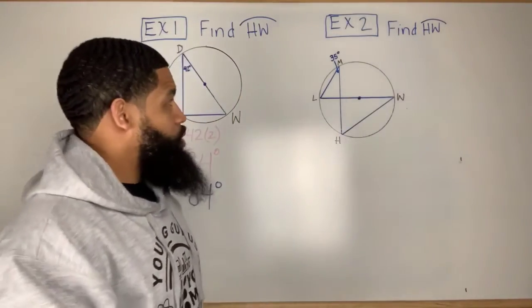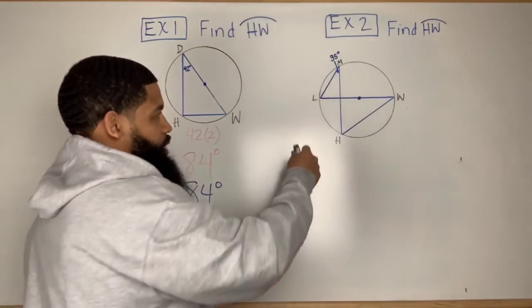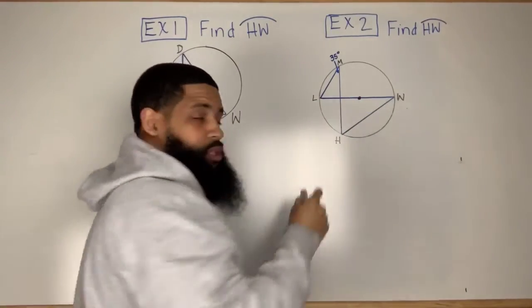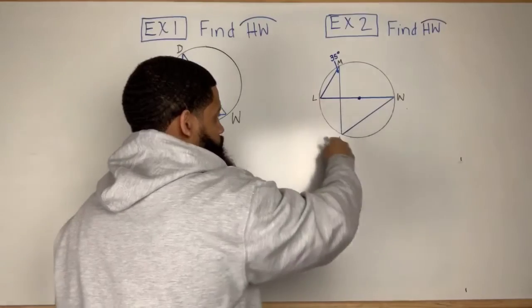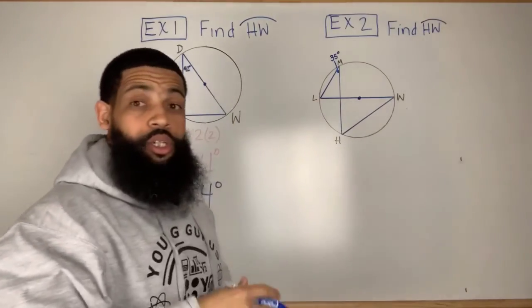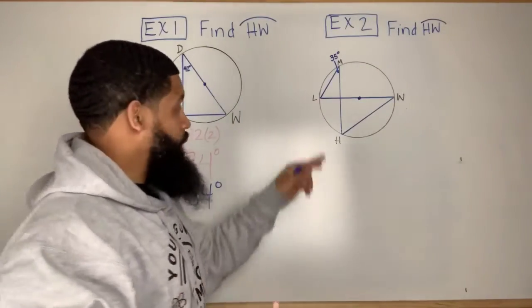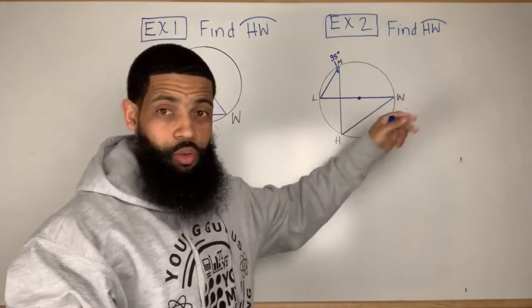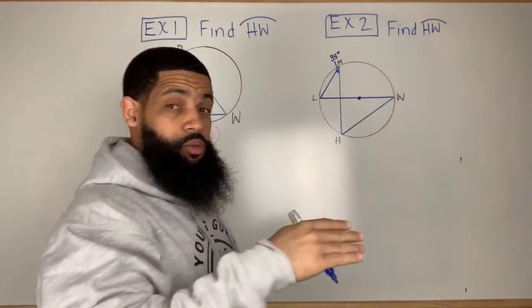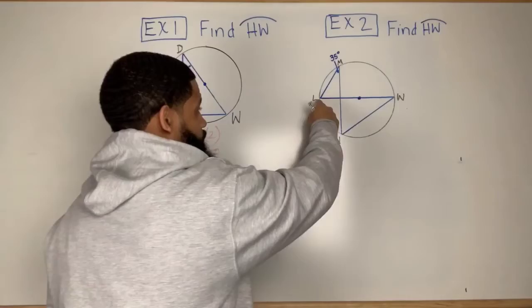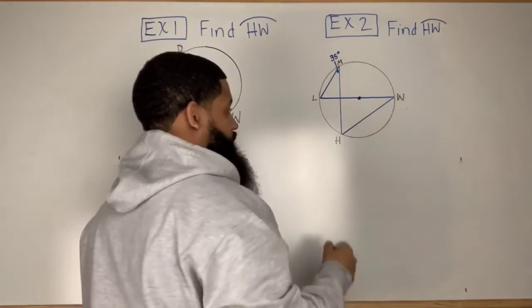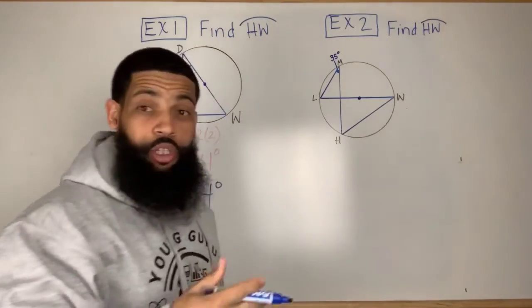Now, what we know is that since this is the center once again, then arc LW, remember a circle is 360 degrees, and the diameter of that circle is going through the center. So I know that this arc LHW is 180 degrees.